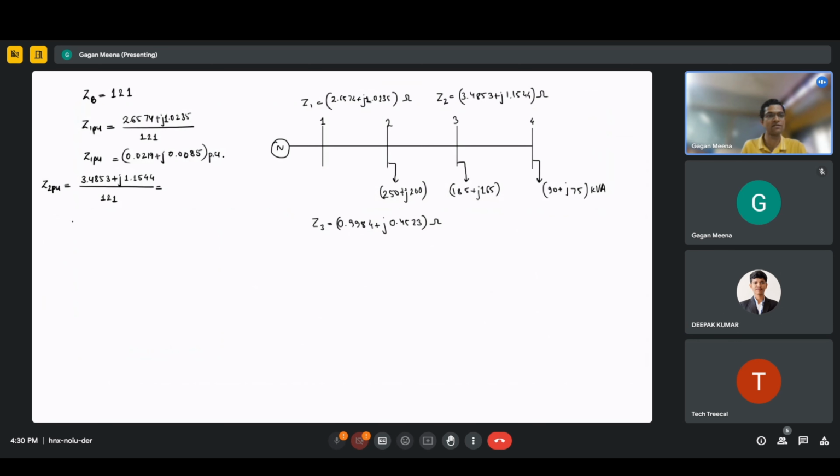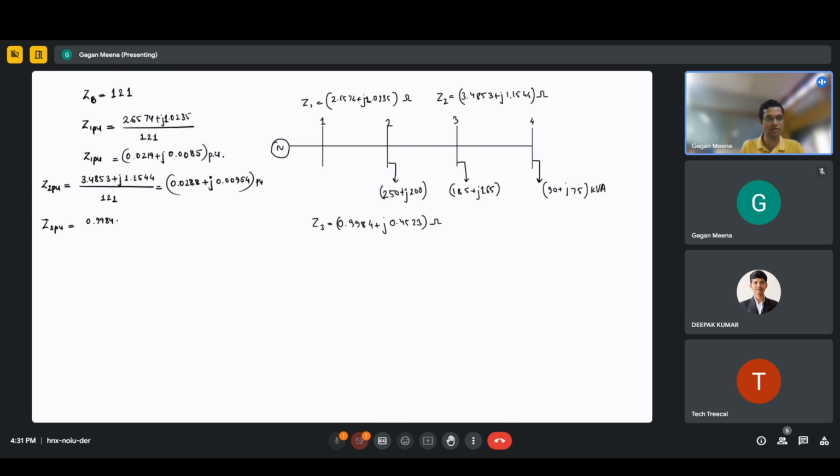How much is this? 0.0288 plus j0.0095, correct.